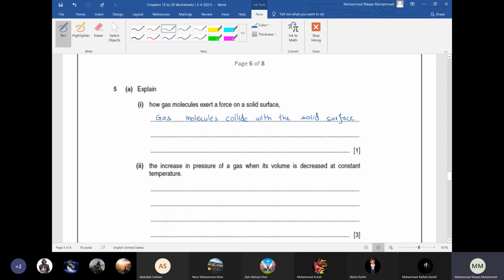Okay. When they hit and rebound, their momentum changes, okay, which produces a force on the solid.